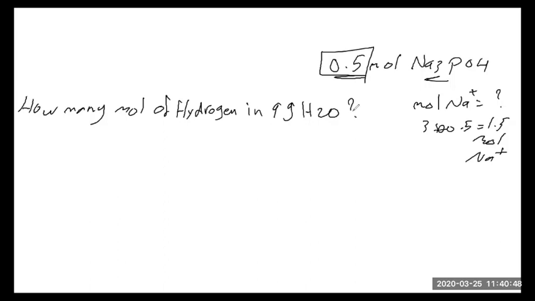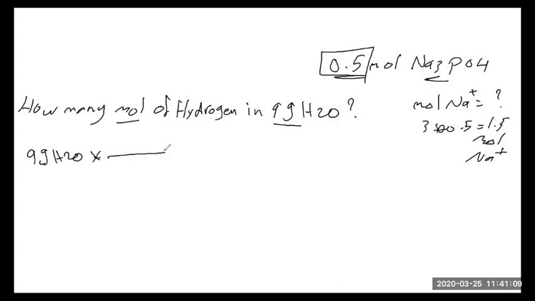Now look at here. Here they are asking for mole and gram. So first of all, we will use the second meaning of the mole as a conversion factor. So it will be 9 gram H2O times the molar mass of the water.